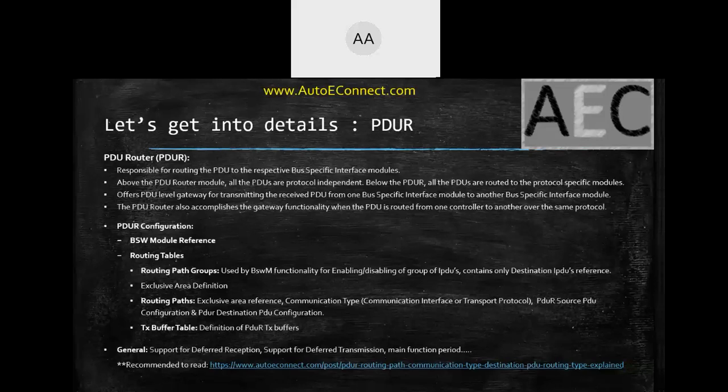This kind of gateway implementation across different communication protocols or bus channels is supported by the PDUR. You need not do anything here: just give the source, give the destination network, give the respective PDU related references, and your job is done. PDUR will take care of it.